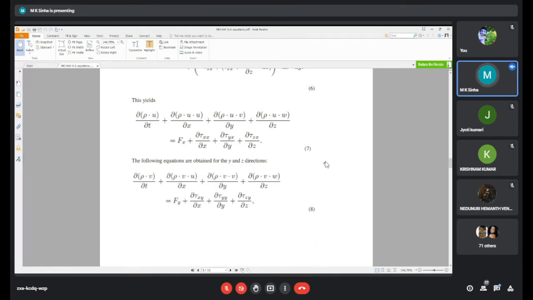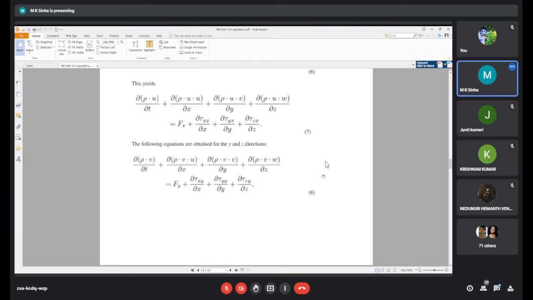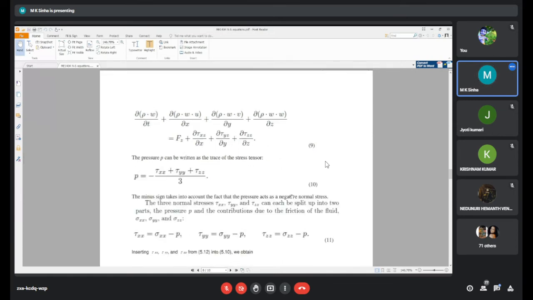Similarly, we can write for the y direction, where u is replaced by v, and this is equation number 8 along the y direction.